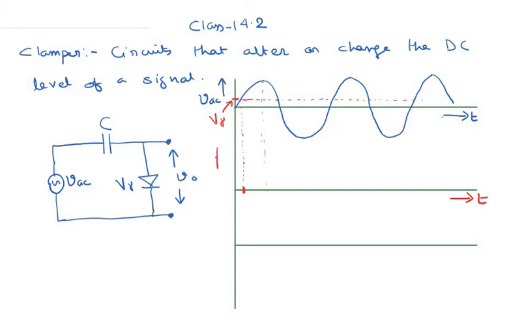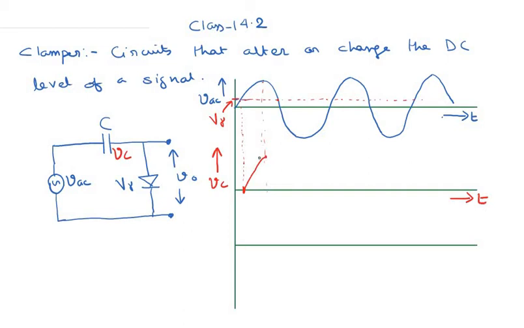So I am drawing the voltage across the capacitor in this axis for the second plot. So this is VC, the voltage across the capacitor. It would start charging from here, and it would reach the maximum value when the input voltage VAC is at its maximum value. This point is the maximum voltage for VC.